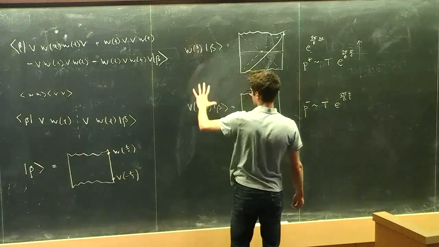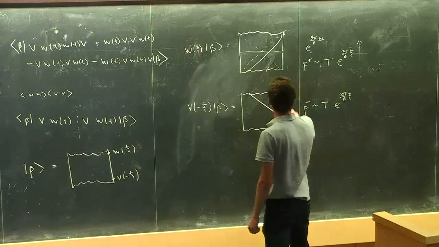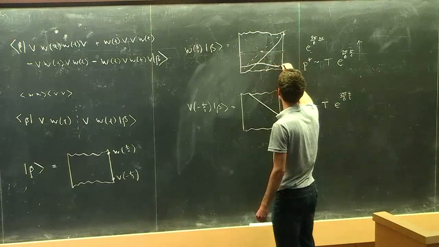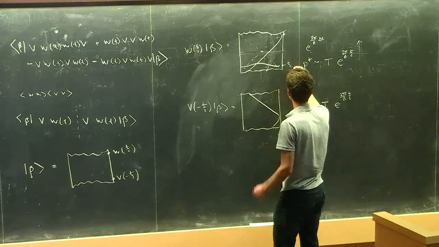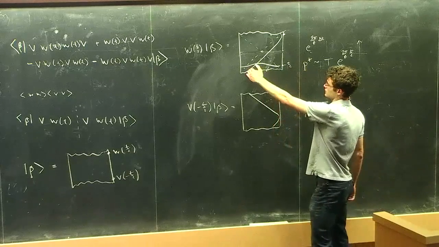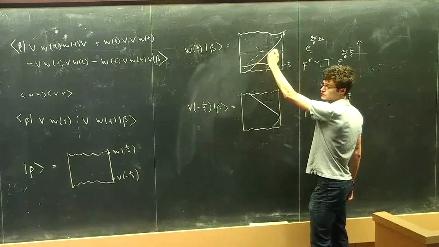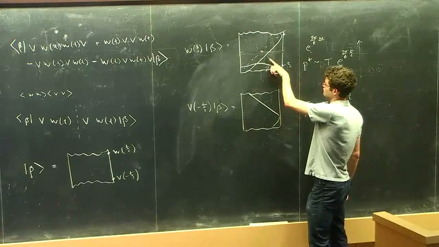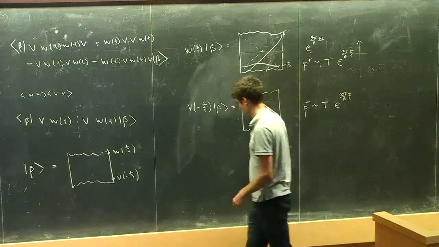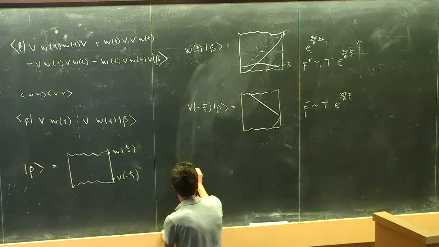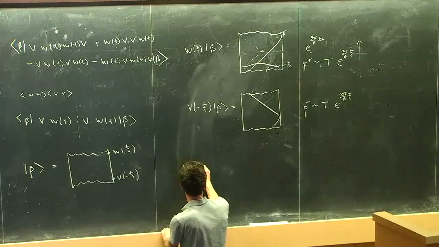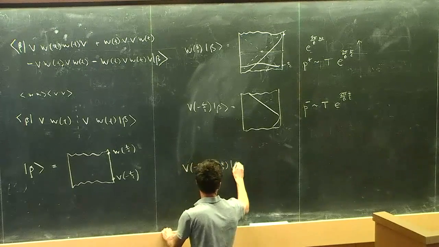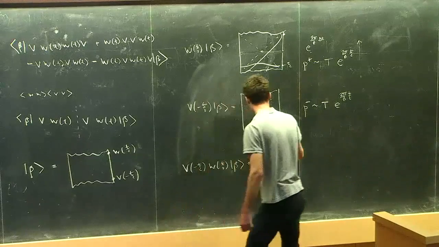First, we act with this operator and then with V. It's simplest to do this if we think about the state on this slice which touches the boundary at time minus t over 2. Here we have a state with a W quantum here, highly boosted. We add to that this V quantum, which is highly boosted in that direction. So the state V of minus t over 2, W of t over 2, looks like this.